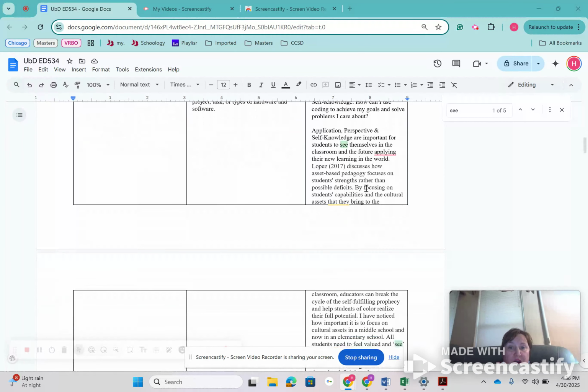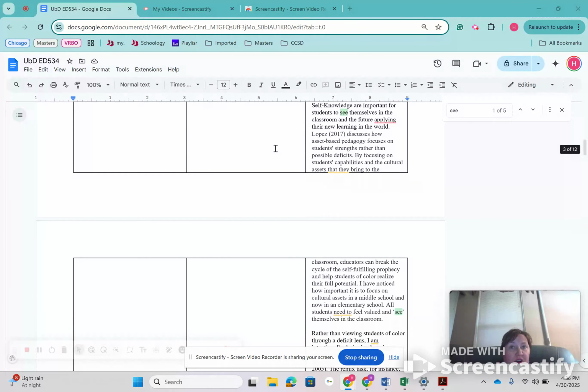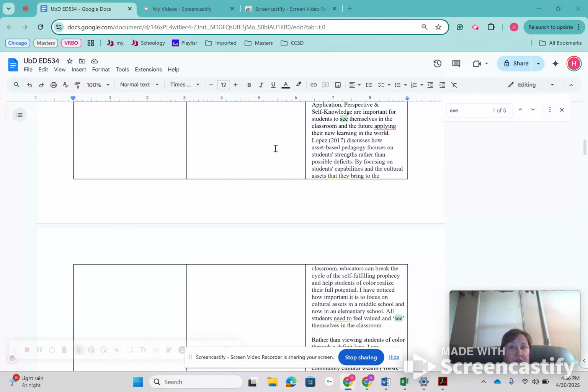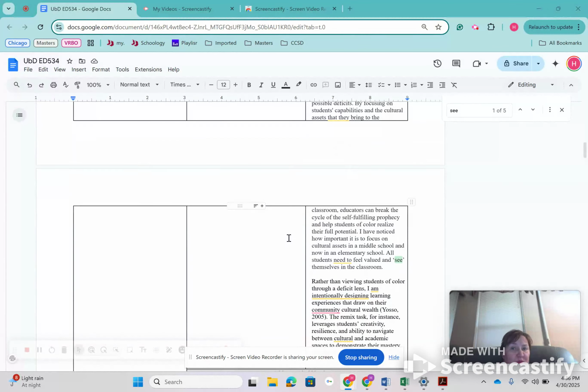And so I talked about how application, perspective, and self knowledge are what were referred to in Lopez's work about asset-based pedagogy, where students are able to focus on their strengths, their assets, instead of any deficits. And by giving them choice, you have that as well.